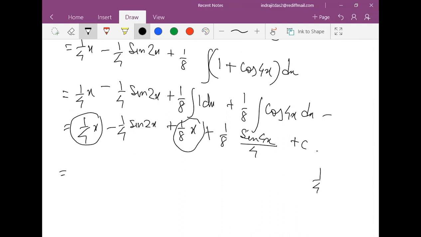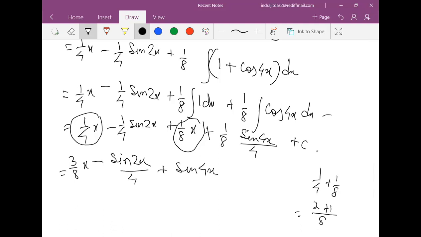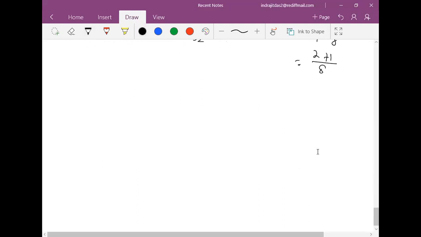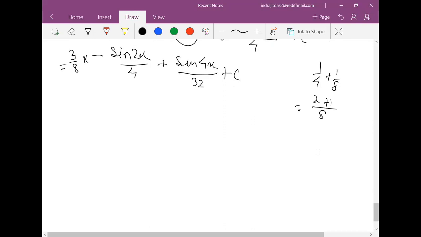If I add 1 by 4 plus 1 by 8, LCM is 8, so this is 2 plus 1. So it will be 3 by 8x, because both are x, minus sin 2x by 4 plus sin 4x by 32, since 8 into 4 is 32. So here is the answer. There may sometimes be some other simplification, but this is the technique.